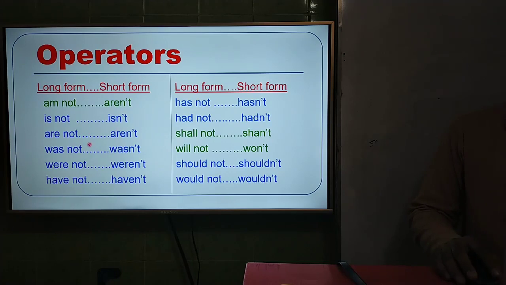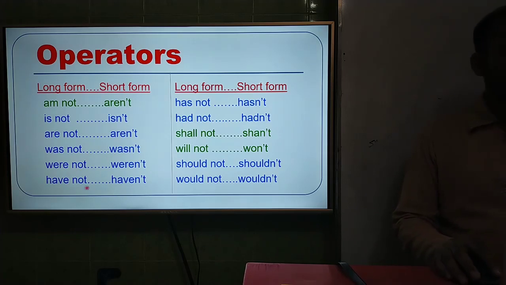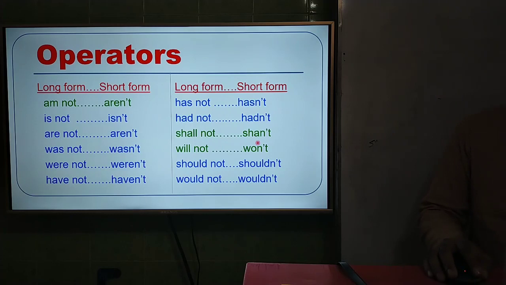Here isn't, are not is aren't, was not, wasn't, were not, weren't, have not, haven't, has not, hasn't, had not, hadn't, and shall not will be shan't, will not will be won't.